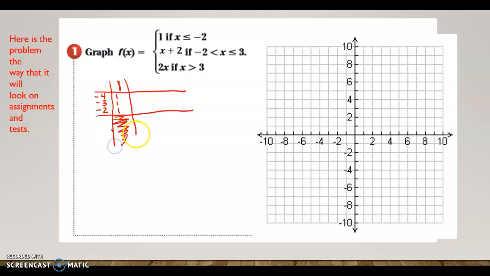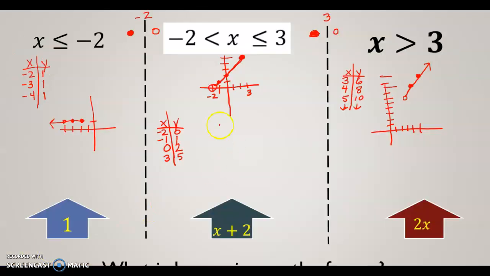That's done. Okay? Stops at 1. That means it stops at -2. The next one we've got, okay, it doesn't start until -2. I can't do -4 and -3 into this function. I can only start at -2, just like here.